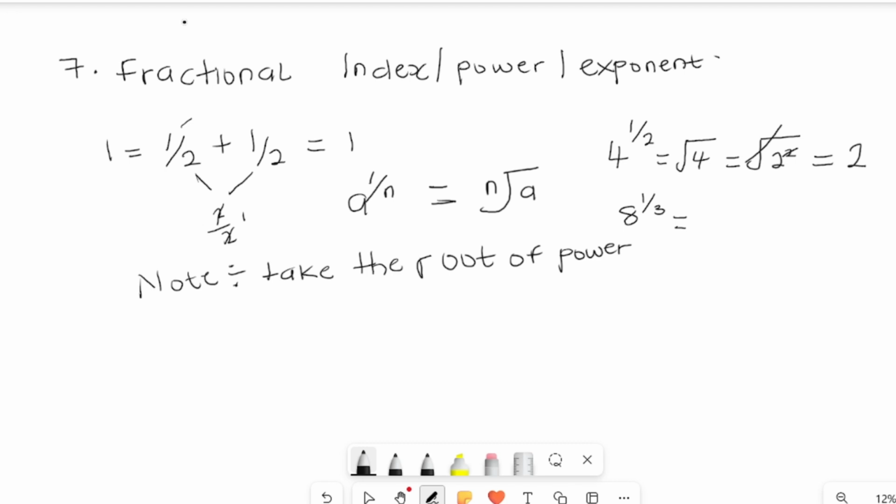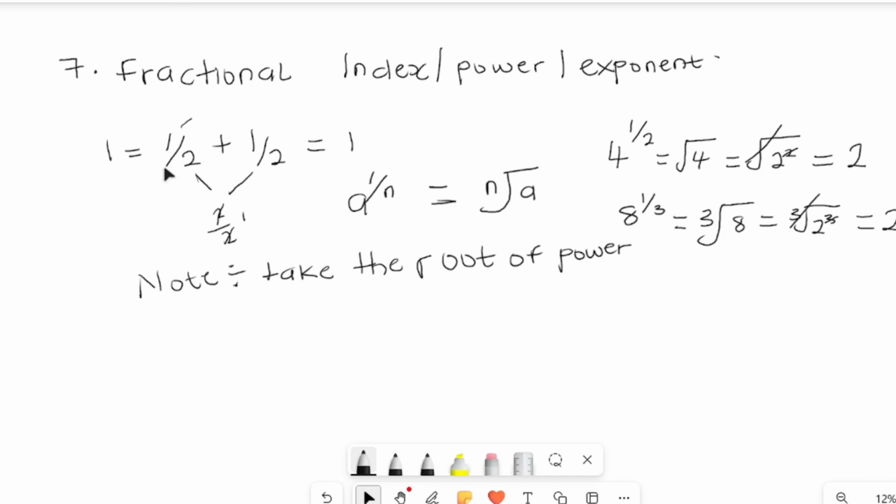Now we have 3, so it is the cube root of 8, which is the same thing as the cube root of 2 cubed. The root will cancel the cube, and we'll be left with 2. Alright.